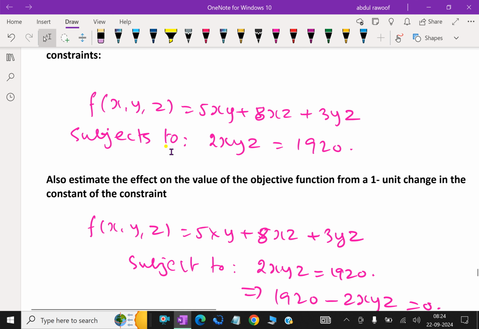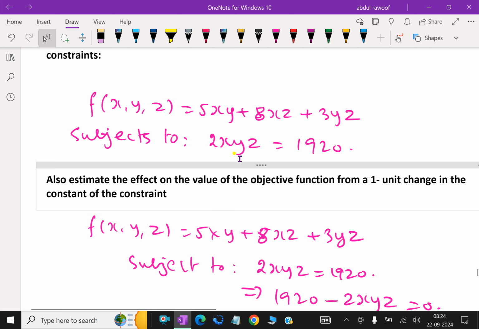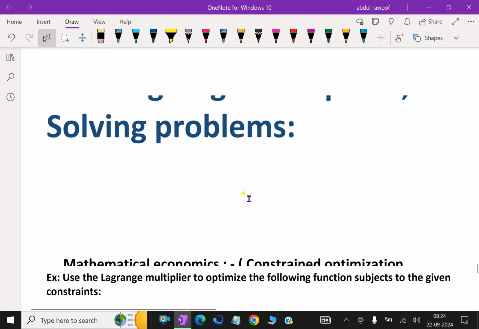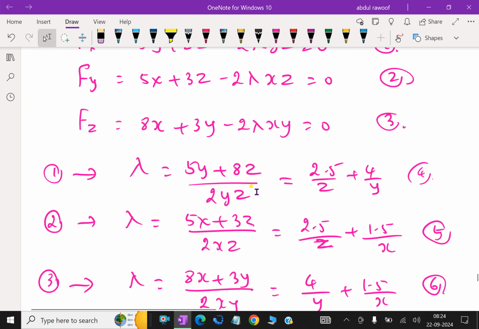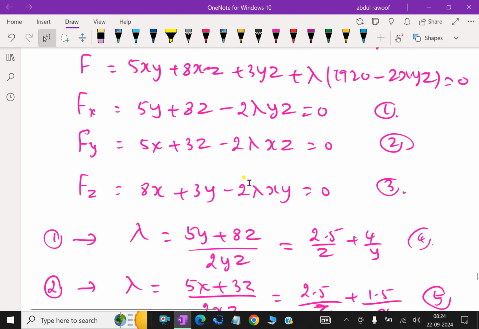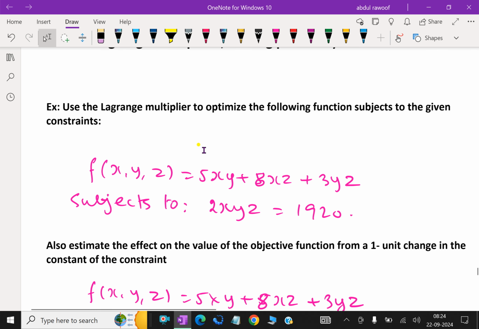Then we have to find the optimum of the following function subject to given constraints. Then optimize the function.